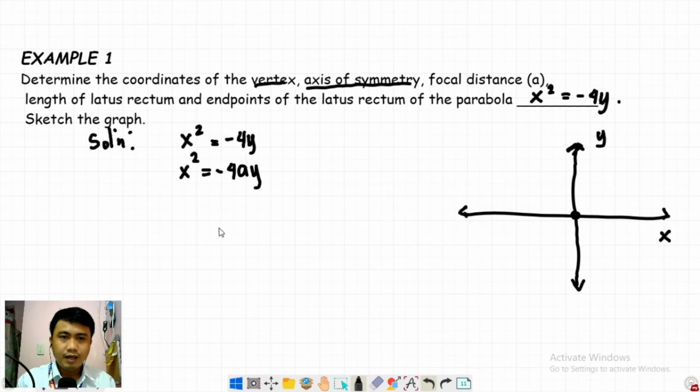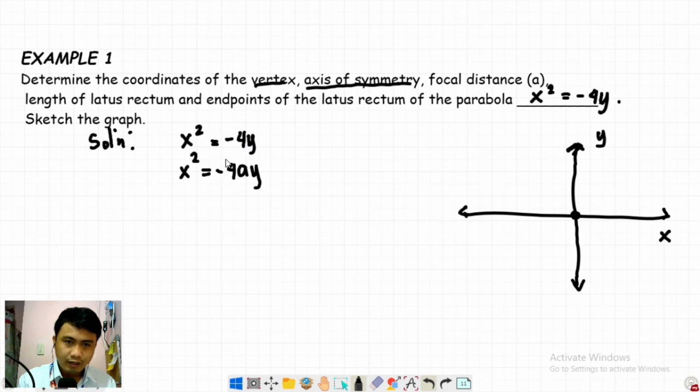Okay, so ang gagawin natin para makuha ang ating a, kunin natin itong andito, this is the negative 4a, negative 4. Okay, equate natin yan sa negative 4a. Kumbaga, since may y silang dalawa, ang kukunin po natin yung numerical coefficient ng y.